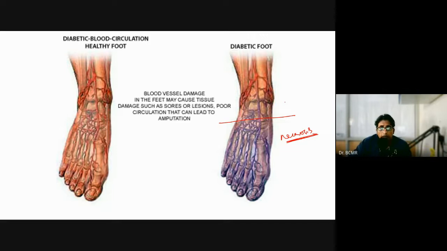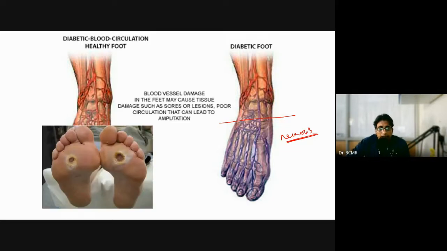What it would look like is something like this, where, because the feet are what we are walking on, the whole body pressure is on the feet, and they are likely to get damaged like that.